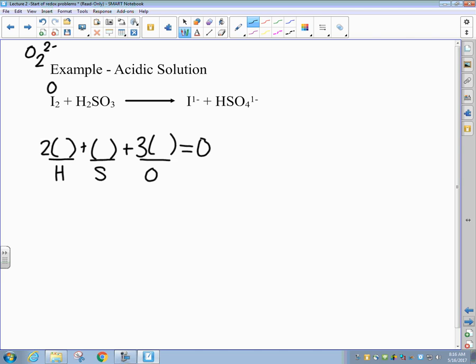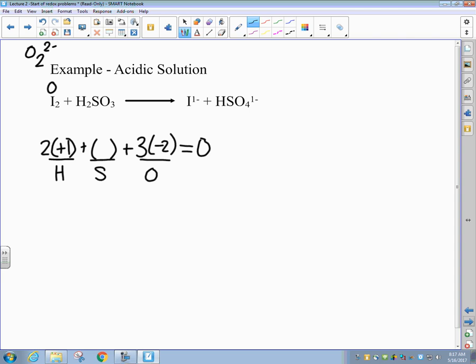We know oxygen has a -2 charge here, which means we can look at hydrogen next. Hydrogen has only 2 possible oxidation states. The majority of the time, hydrogen has a charge of +1. The only time it doesn't is when it's a hydride combined with a metal. This is not the case here, so this hydrogen will have a +1 oxidation state.